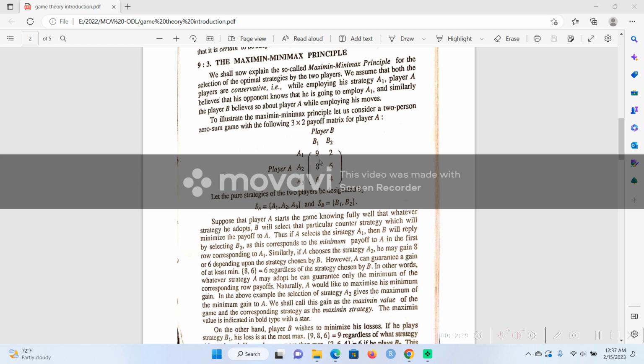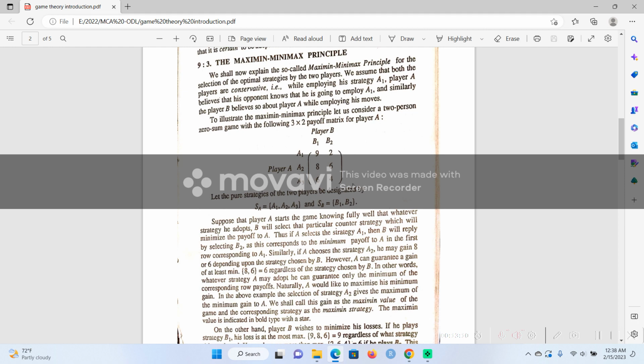So player A is going to gain 9 rupees, 8 rupees and 6 rupees. Player A wants to maximize his gain, so he wants to adopt the A1 strategy, because A1 alone gives 9 rupees. So in this column we have to consider the maximum.